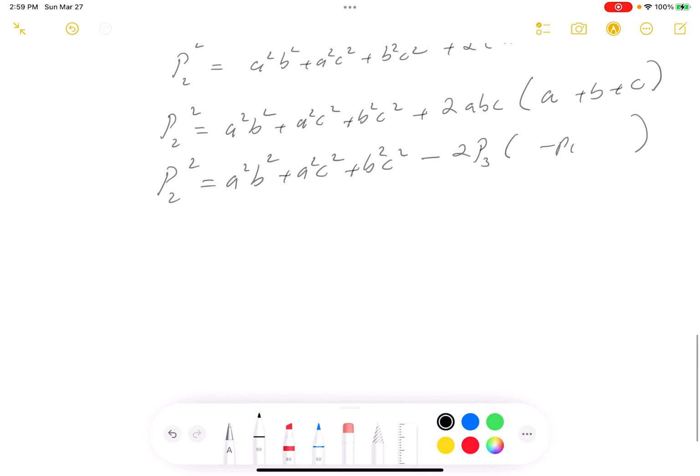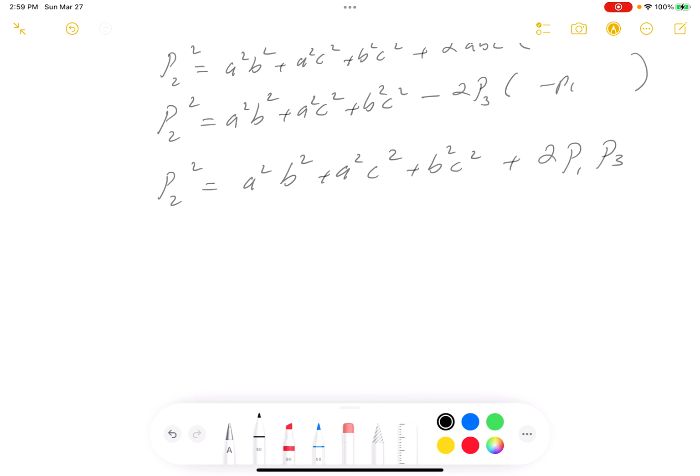Let's keep simplifying it. P2 squared equals a squared b squared plus a squared c squared plus b squared c squared plus 2 P1 P3. Well, I think I got it.